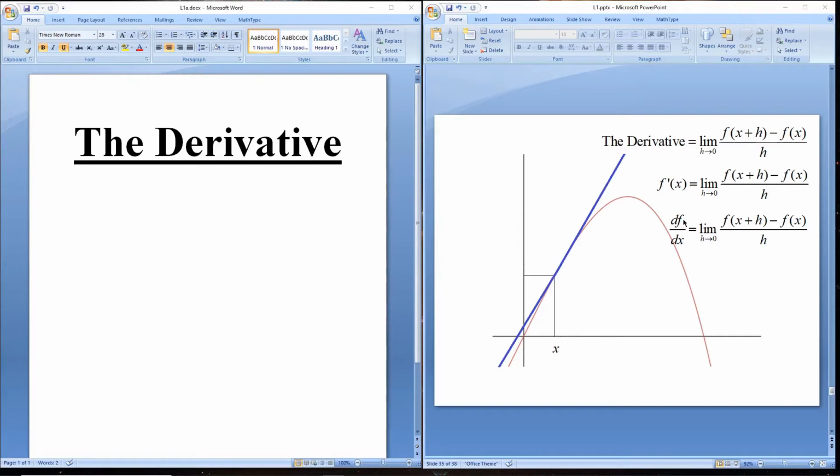And I want to mention something about this df dx, since this is probably the first time you're seeing this. And I want to go back to what you saw in algebra with the y2 minus y1 over x2 minus x1 for rise over run. You may have seen this sometimes written as delta y over delta x. And the delta specifically means change.